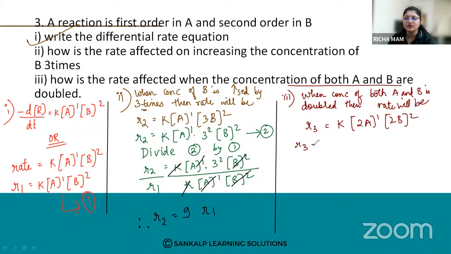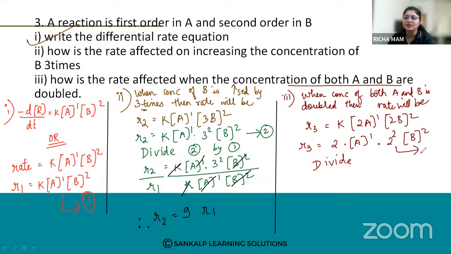So R3 is equal to K into 2 to the power 1, A raised to 1, 2 squared, B squared.